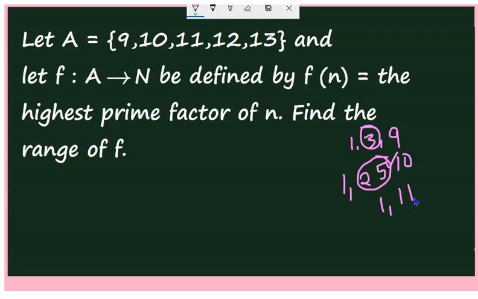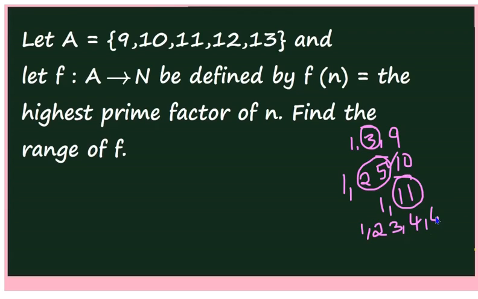The highest prime factor is 11, and therefore the image of 11 is 11. Factors of 12 are 1, 2, 3, 4, 6 and 12. The prime factors are 2 and 3, and the highest is 3. Therefore the image of 12 is 3. And the image of 13?